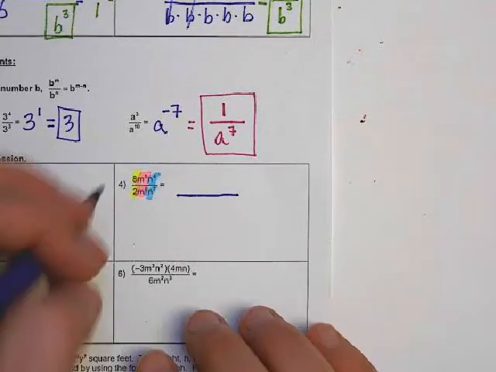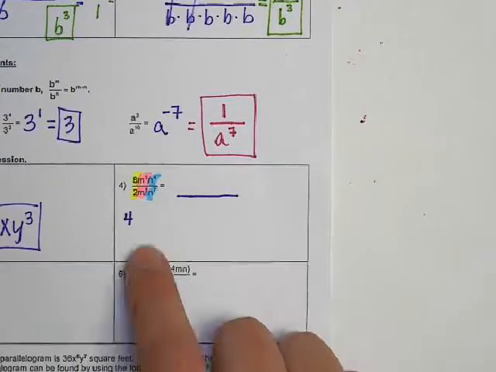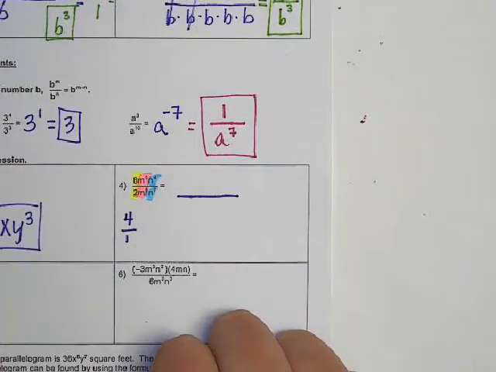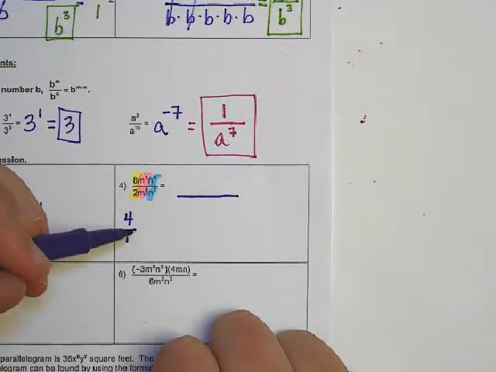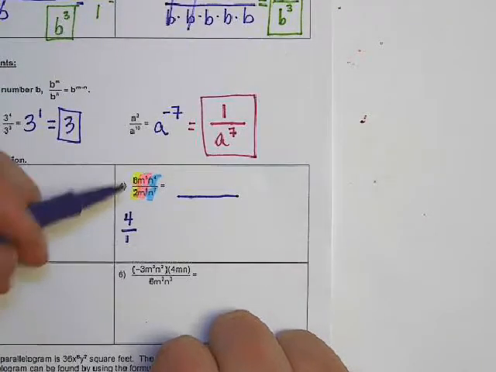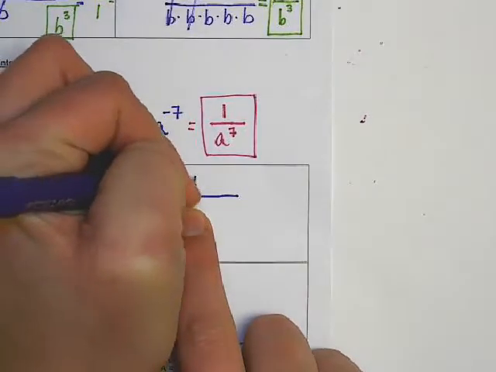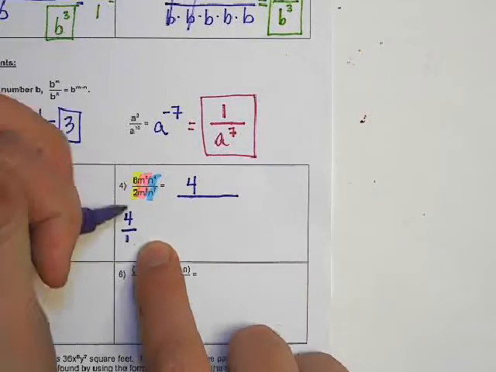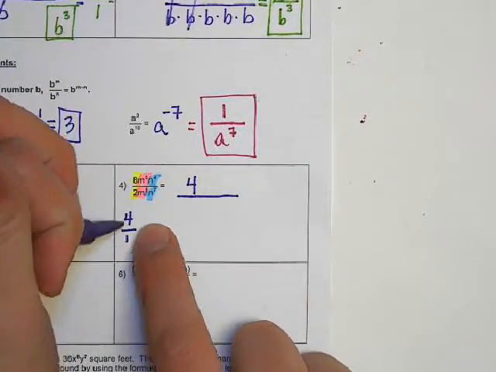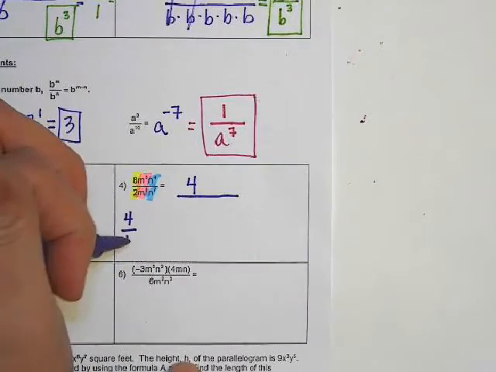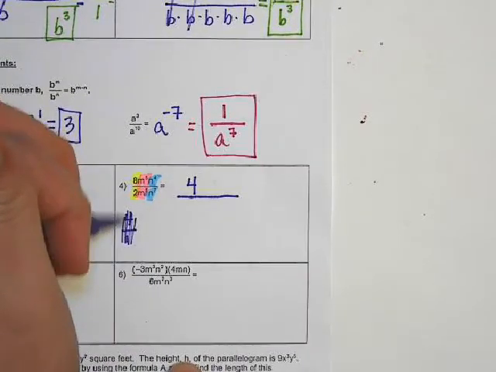If I was to write 4 as a fraction, how would I write it? 4 over 1. Notice how the 4 is on top of the fraction. So when I write it on my answer fraction bar, 4 has to go on the top, because if it was a fraction, it would be 4 over 1. Is everybody with me on why it's on the top? This doesn't matter, so I'm going to cross it out.